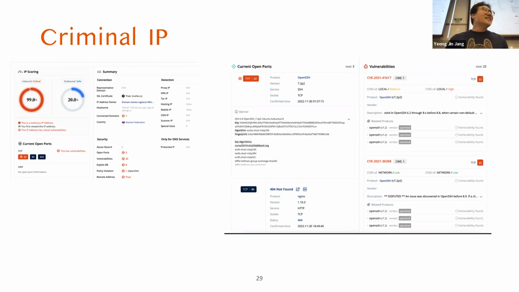SSH uses port 22, and if you connect using a raw TCP socket, it will say OpenSSH version 7.2 or something. So if a port is open and we just connect and receive what the server says, it tells us the version number.